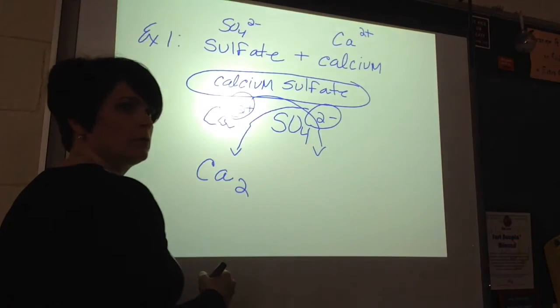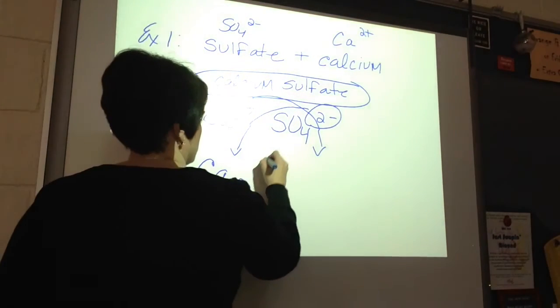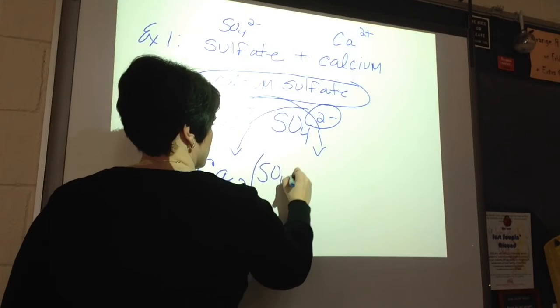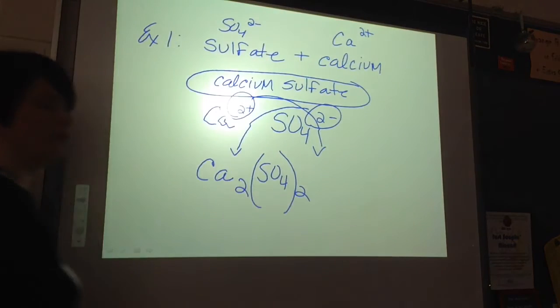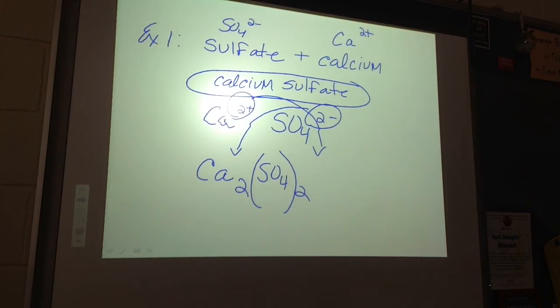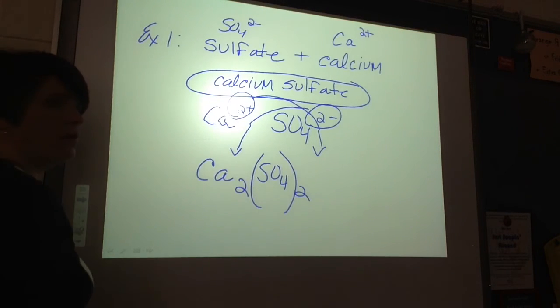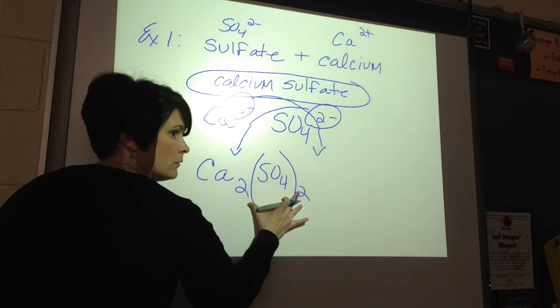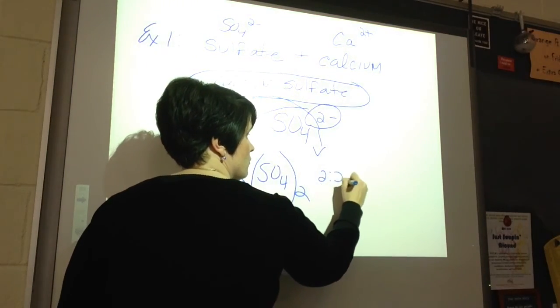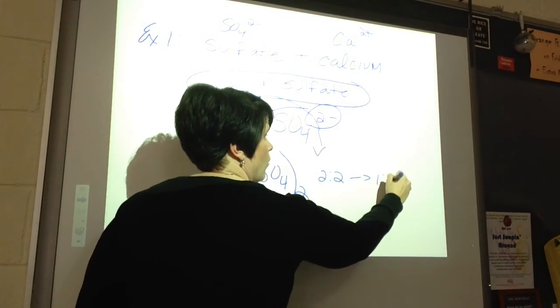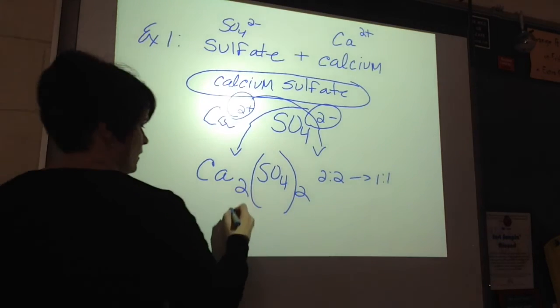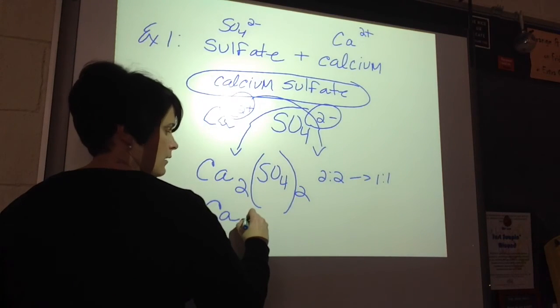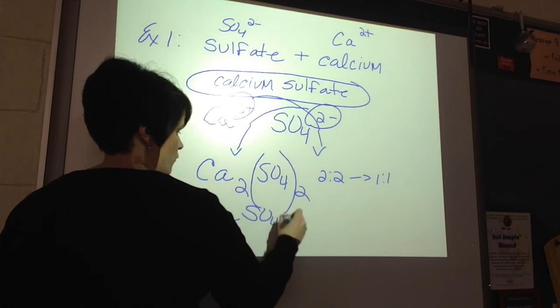Ca2. Now, is there a reducible ratio? This is a 2-2 ratio. 2 to 2 goes down to what? 1 to 1. Okay? So Ca SO4.